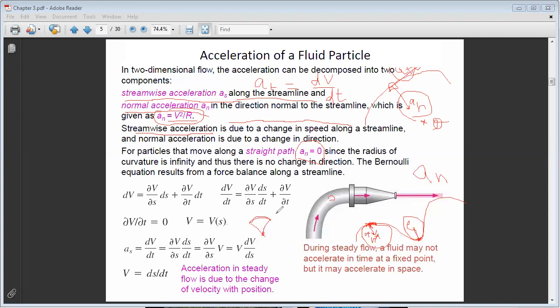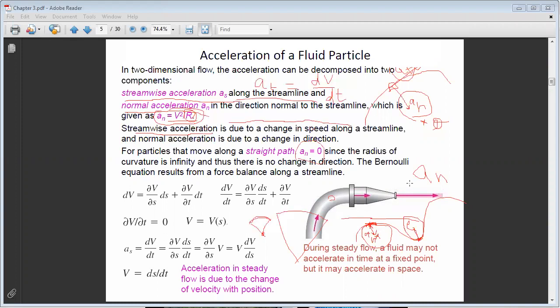But as your arc becomes more flat, your center will be far away. So when you take a straight line, which is completely flat, your center of curvature will be at infinity. This is why we say for a straight line, r tends to infinity, so a_n is 0.